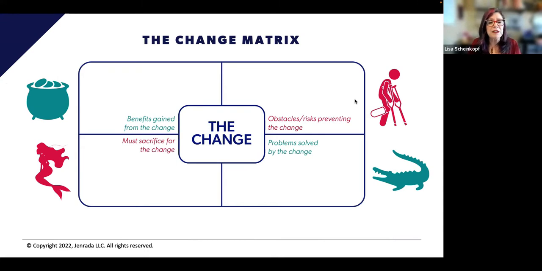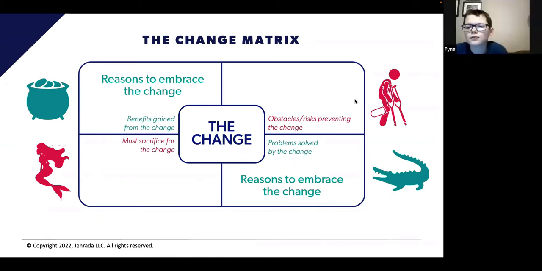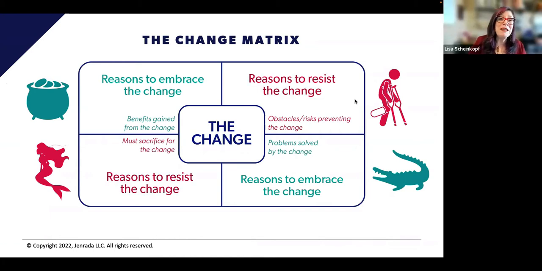You think about it from 4 vantage points. The vantage points are really about why it's good to make the change, why it's bad to keep the status quo, and why it might not be so good to make the change, and why it might be good from your perspective to keep the status quo. And we're going to go through this in detail together.